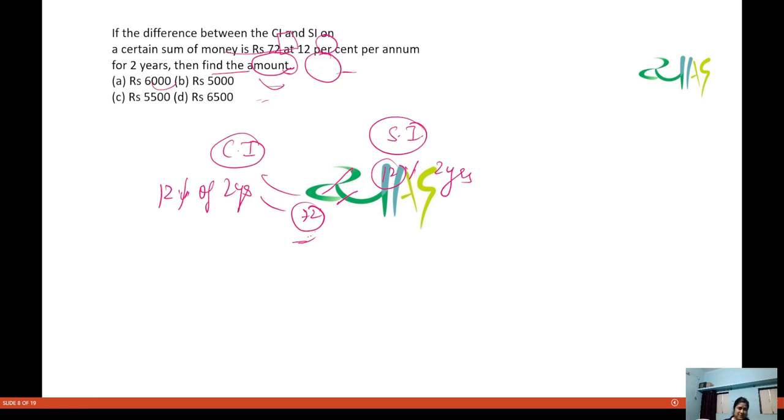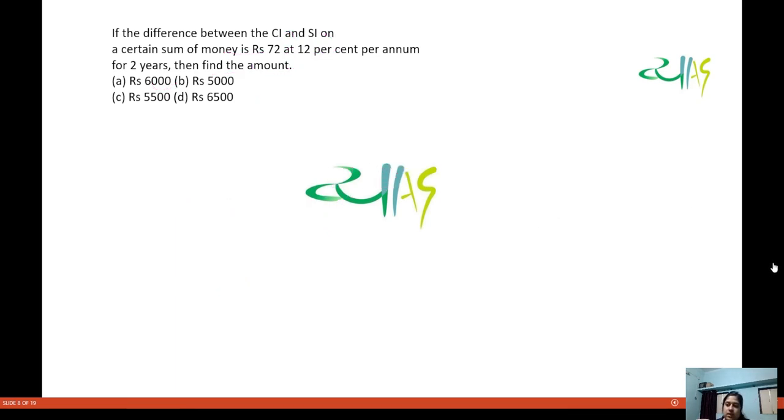Now here, what you can do: you obviously know what interest is. For compound interest, you can obviously calculate by the formula method. Now, this time I am trying to tell you very directly. So we know this, fine.